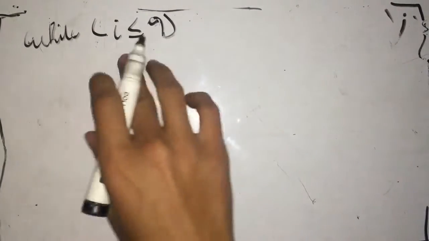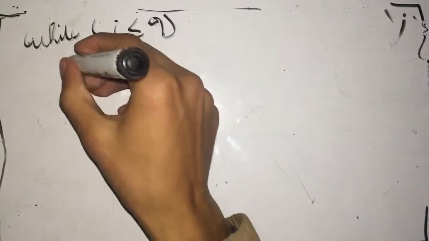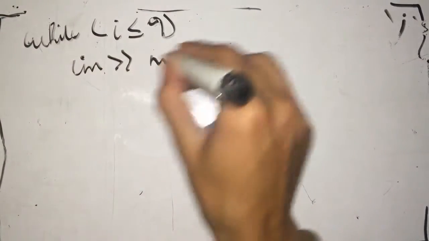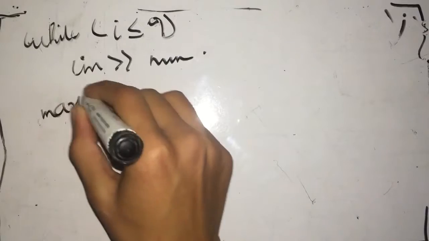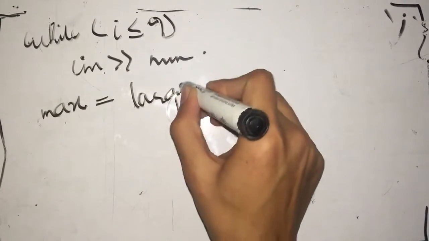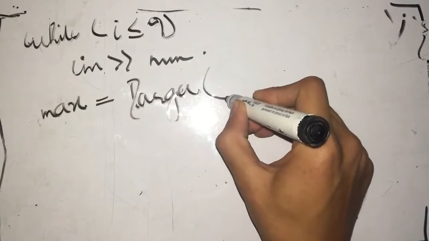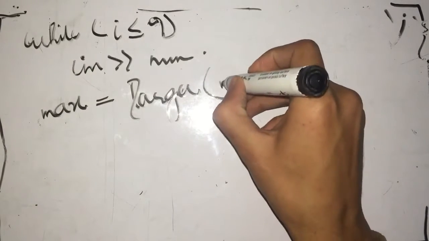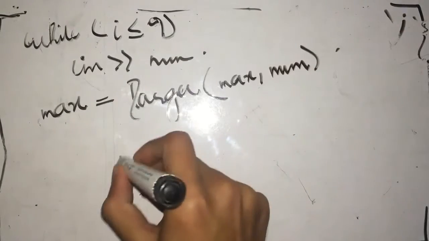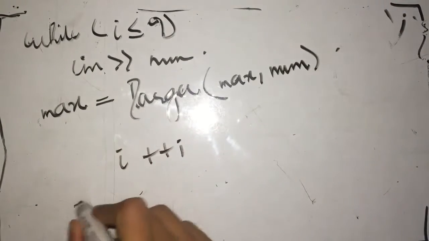While i is less than or equal to 9, you input num again, then you store the value of the function larger, and the actual parameters of this function are going to be max and num, and then you say i plus plus, and then you end the loop.